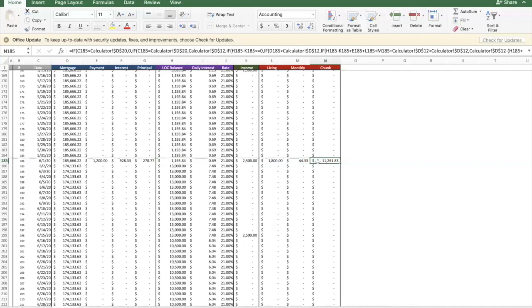So you take another draw up to that $13,000 mark, because that's our comfortable spot. You put this amount towards the mortgage, and now you've reduced your mortgage again by $11,261.